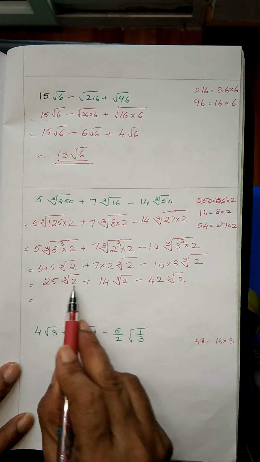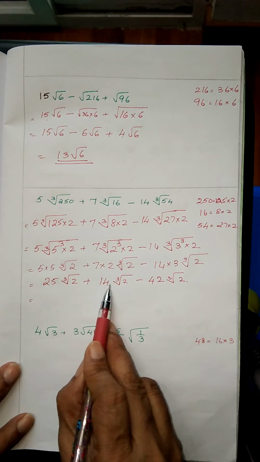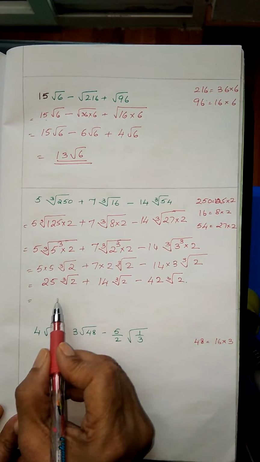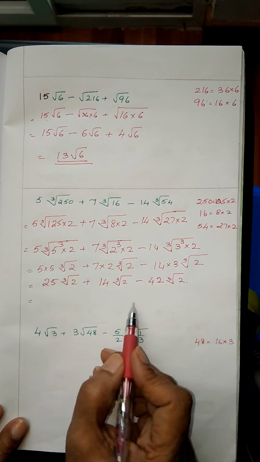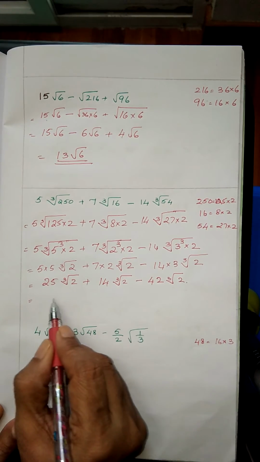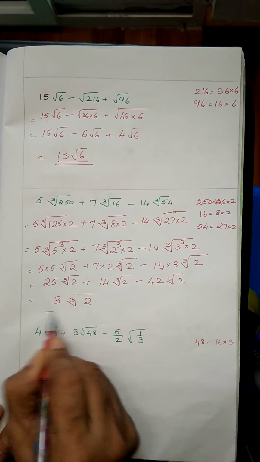Now all these are similar surds, so you can add and subtract. So 25 plus 14 minus 42 comes to minus 3, then cube root of 2.